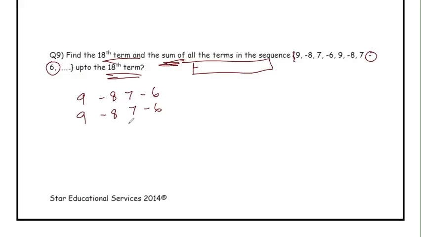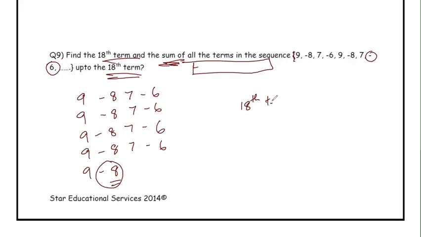So therefore, I have so far 12 and then 16 and then it stops here. So my 18th term is minus 8. And the sum is 9 and 7 is 16.